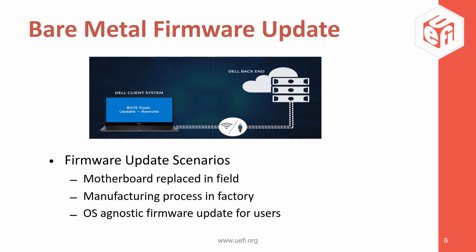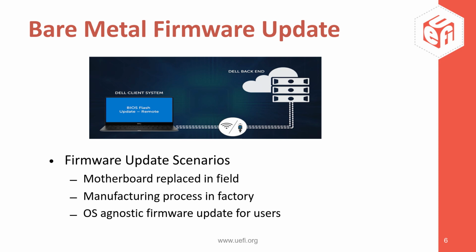The other scenario where we'll typically use the wireless functionality is the bare metal firmware update. There are several firmwares that are part of the platform. In addition to BIOS, it includes the embedded controller firmware, management engine firmware, and there are several others.